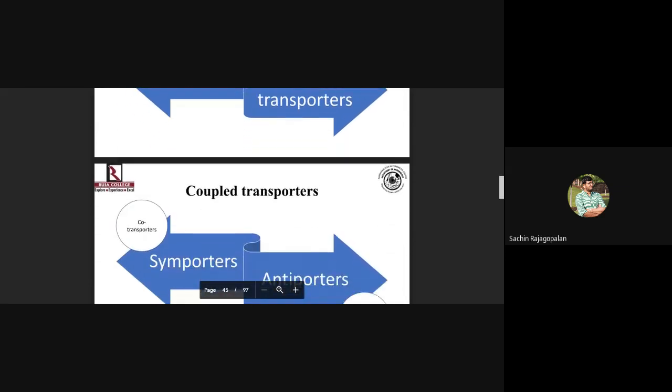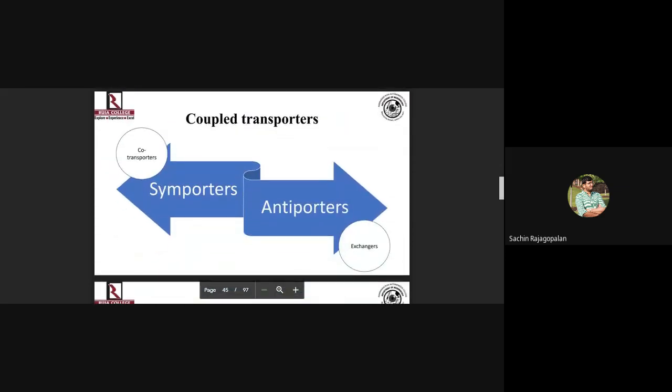As far as coupled transporters are concerned, they are of two types: symporters and antiporters. Symporters are also called co-transporters. Why co-transporters? Because please understand that symporters are those which transport two different molecules at the same time in the same direction.